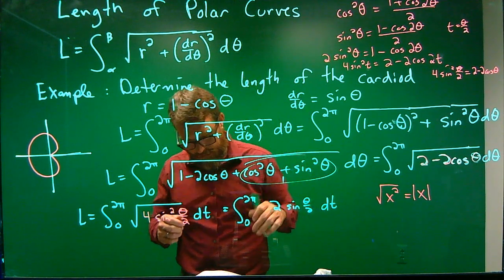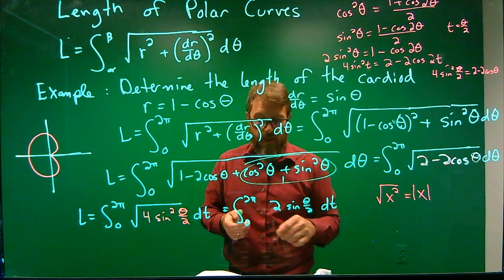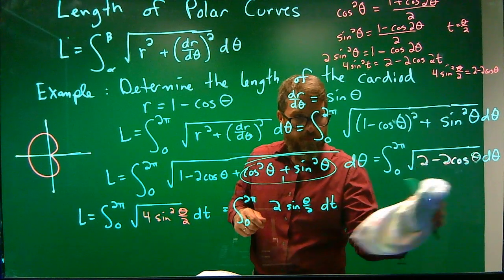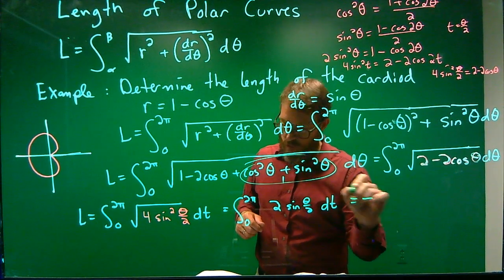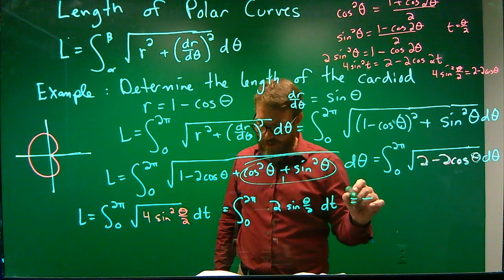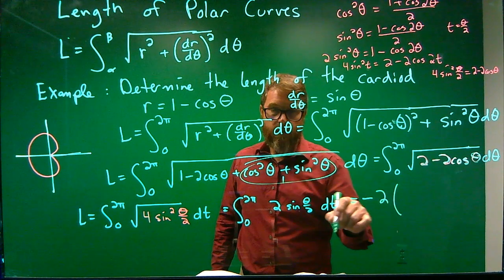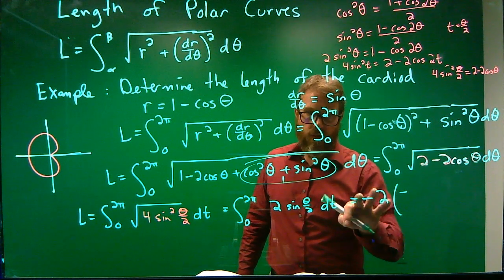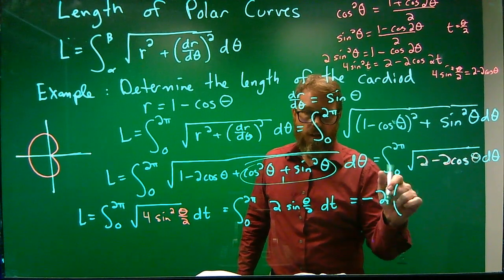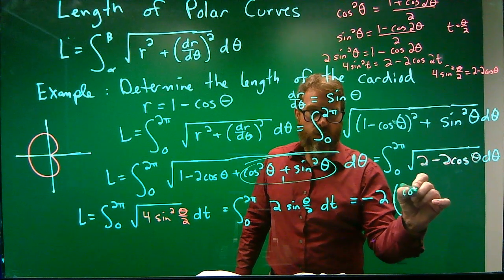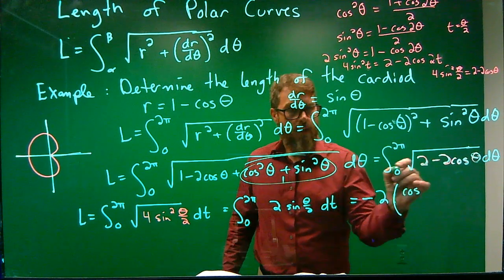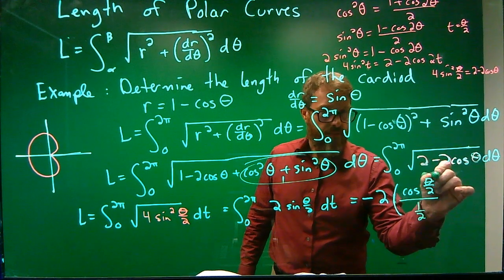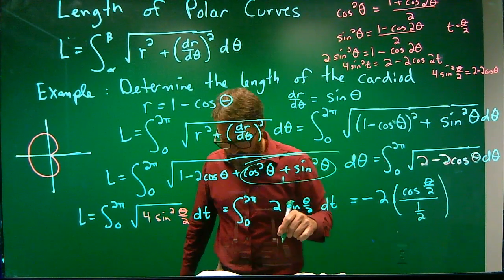So now I can take its antiderivative, which is going to be negative the cosine. The antiderivative of this, theta over 2 divided by its coefficient, which is 1/2, gives us a negative 4.